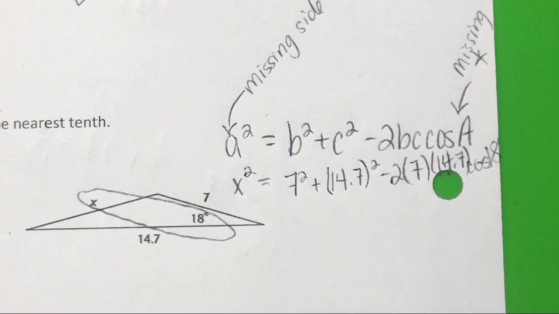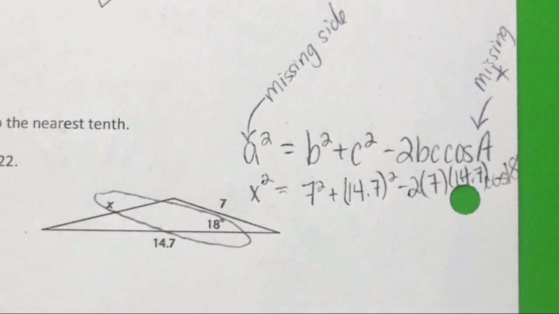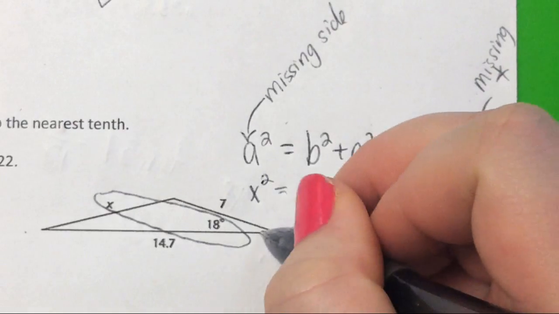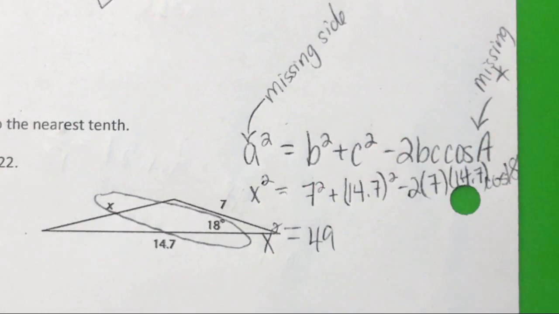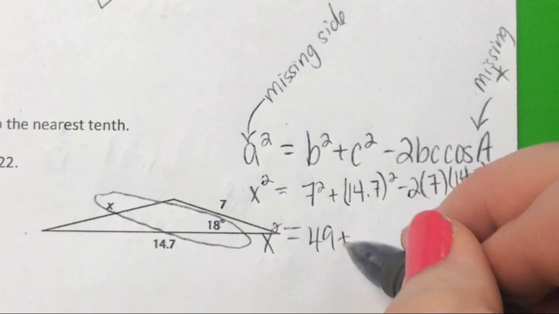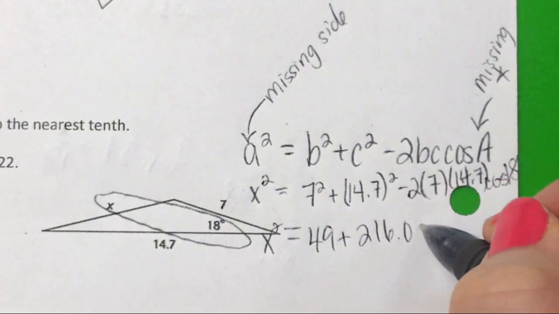Now, if Miss Jessica were in math class again, going back in time, she would actually solve it out because she was a good student. So she would do 7 squared is 49, 14.7 squared, that's 216.09.